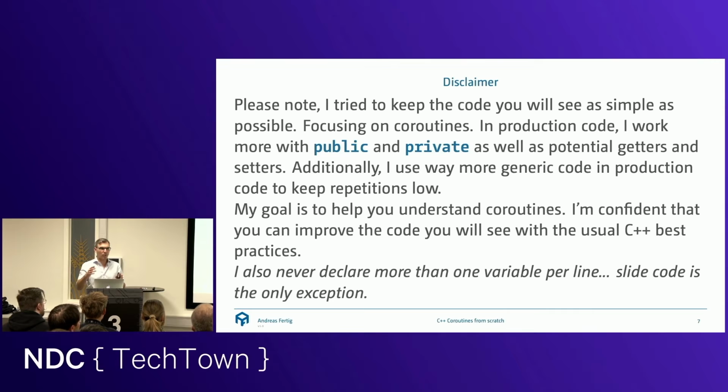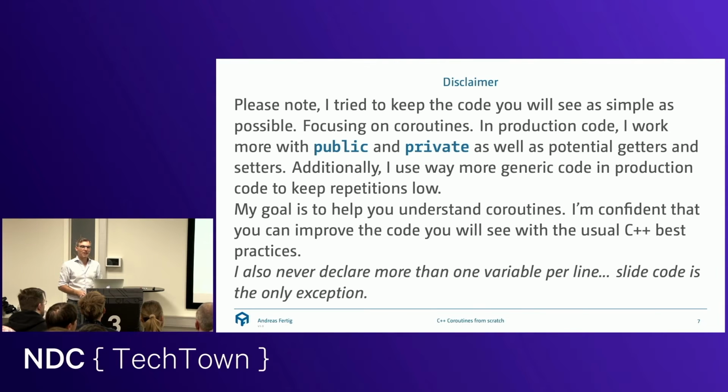Not to distract you with something where you later ask, oh, is that part of the coroutine? Does that need to be there? Everything is out, because my goal is to help you understand coroutines, and I'm totally confident that you can improve the code you will see with the usual C++ best practices, okay? That's something I'm confident you can do. That's not a sad part, actually, that's just a disclaimer. The last sentence is the sad part.